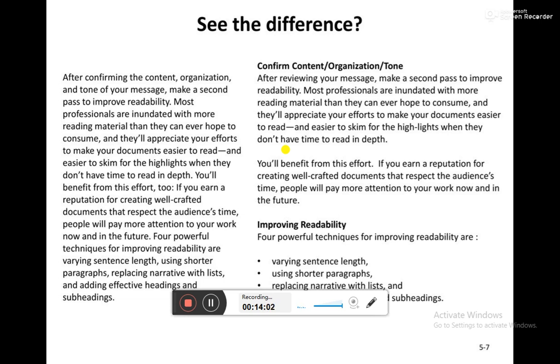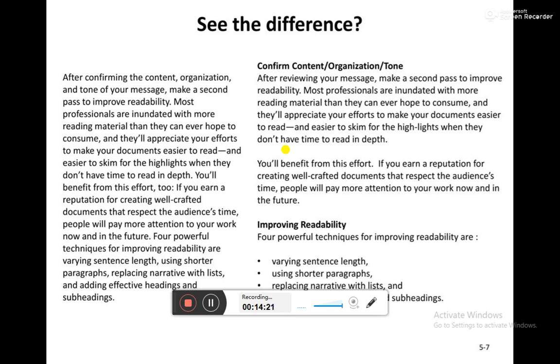Most professionals are inundated with more reading material than they can ever hope to consume, so make your documents easier to read and easier to skim.